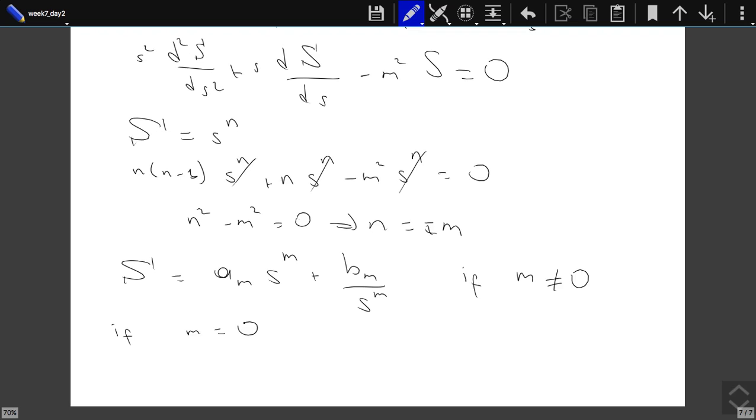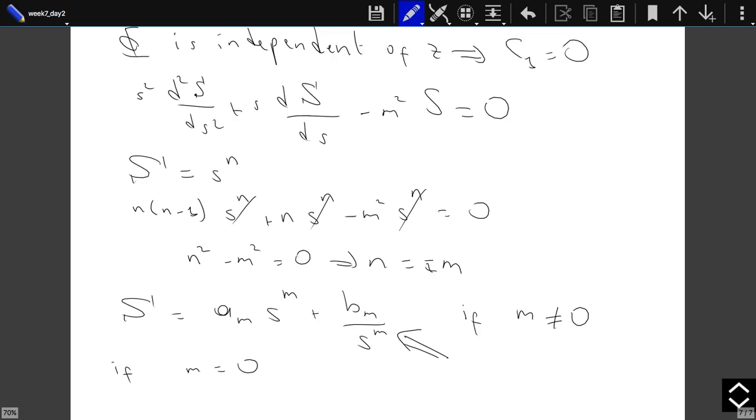You see, if m is equal to 0, this solution is just a constant, am plus bm, a single solution. And if you look at our differential equation, indeed, S equal to a constant is a solution of our differential equation if m is equal to 0. But that is one of the solutions. We have to find the other one.